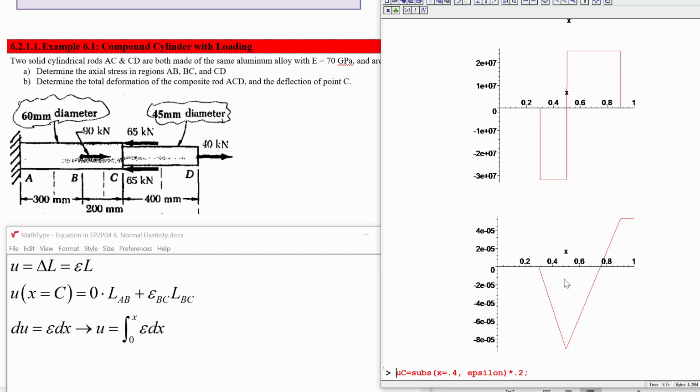Okay, not quite in the middle, but a little bit over here perhaps, has no displacement, and then the point to the right is displaced a bit more to the right, because the tension in here over a longer distance has given us a bigger thing for the integral than this area did. Okay, so the right part has actually moved a little bit to the right in response to all of these forces.